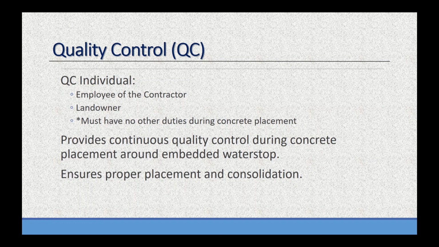Again, it's a person that has no other duties during concrete placement. When that water stop is being put in place and when the concrete is pouring, that person has no other duties other than to put their eyes on what's going on. It's one set of eyeballs that has no other function but to watch that water stop go in and identify deficiencies and make corrections. Again, it's also an employee of the contractor or landowner.